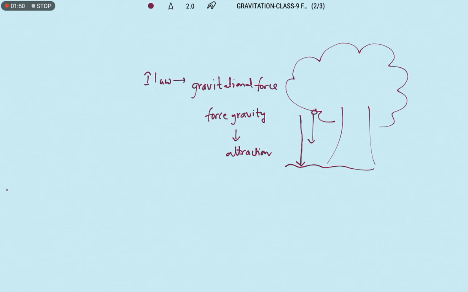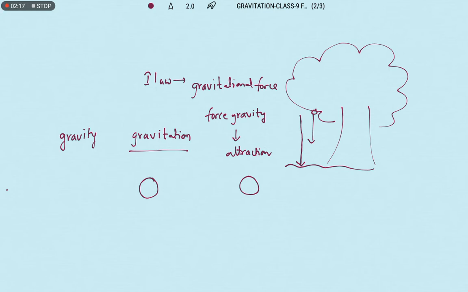So here there's a lot of difference between gravity and gravitation. Let us study that. What is the difference between gravity and gravitation? Gravitation is a phenomenon of the existing force between two objects. That means between two chairs, between books, and between the wall and you.